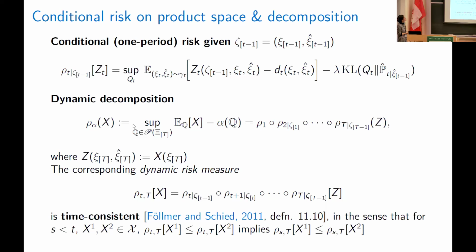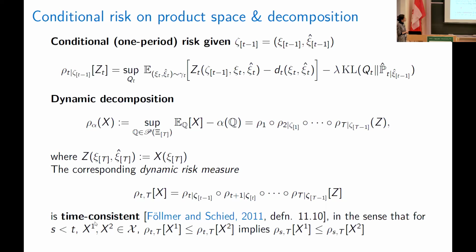And then in each stage, we evaluate on the product space of both the perturbed one and the past observation one, the nominal xi hat one. It may not be highlighted in my slides, but we actually define a new version of the dynamic risk measure.